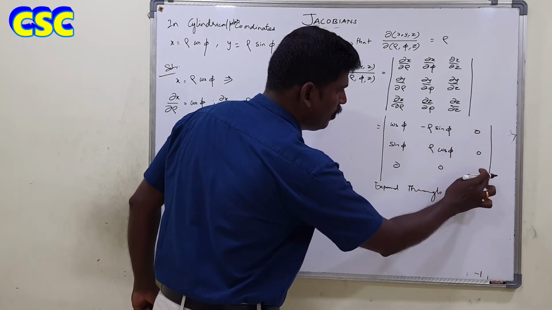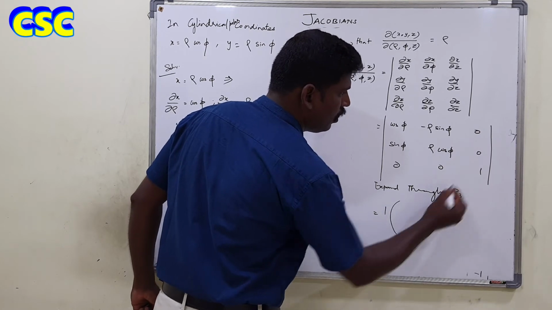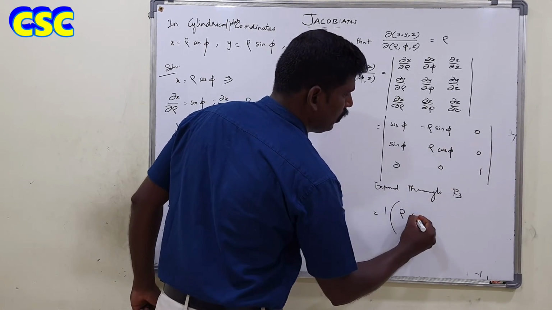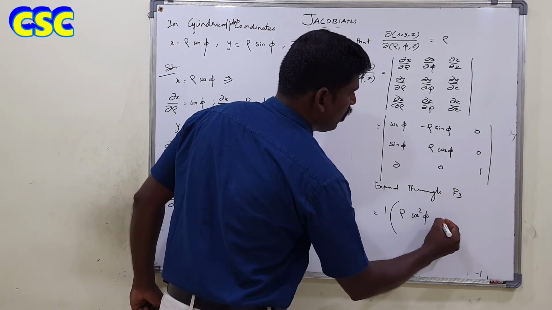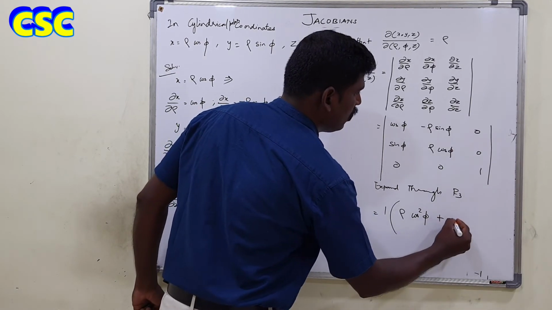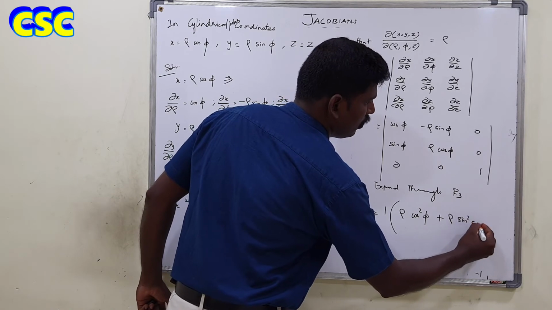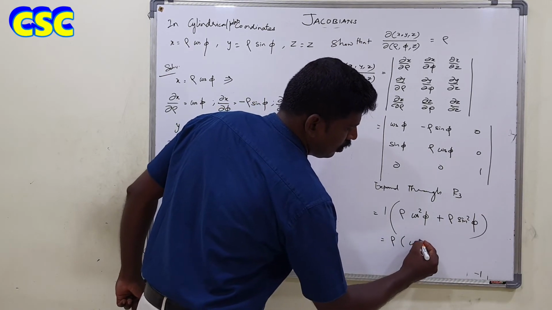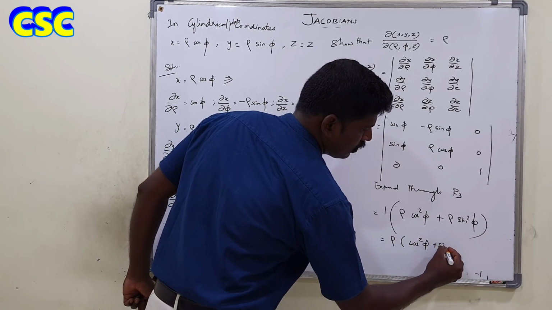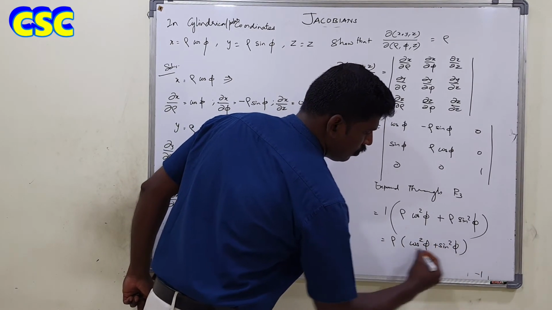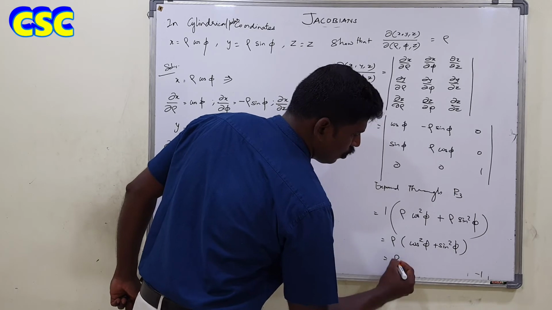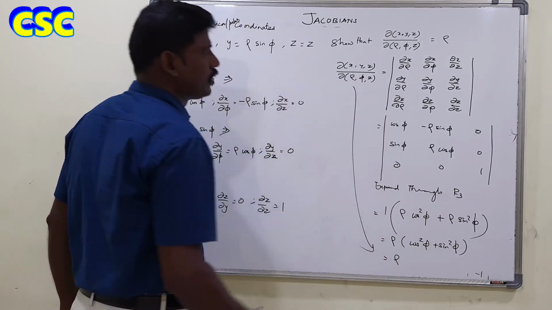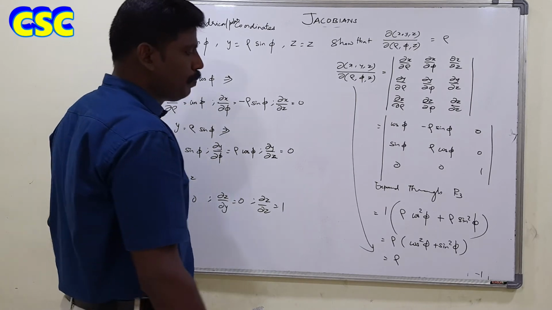Second term 0, everything will be 0. So 1 into the determinant of this one. So this into this, rho into cos square phi, minus of minus plus, rho into sin square phi, isn't it? We can take rho as common, cos square phi plus sin square phi. So that is the value 1. So rho into 1, it is rho. So dou of x, y, z with respect to rho, phi, z is rho.